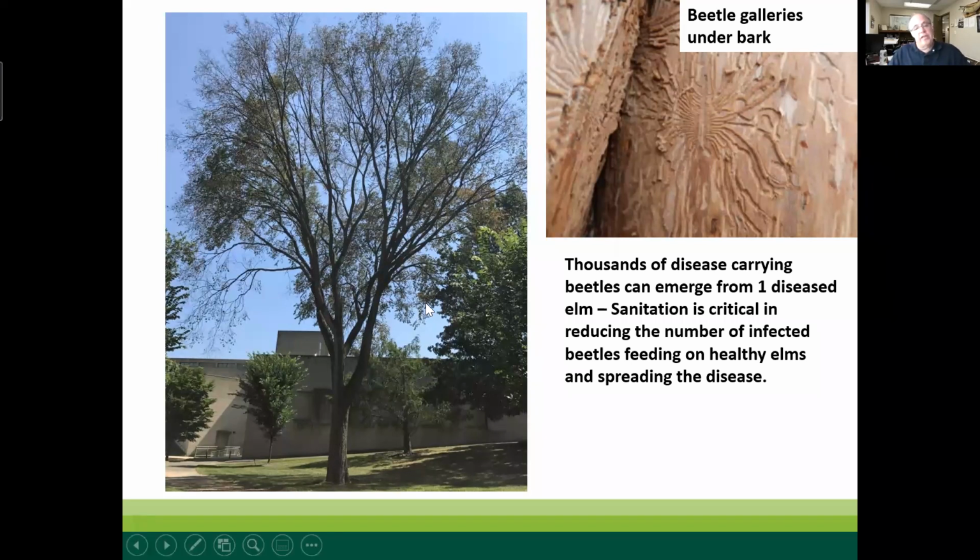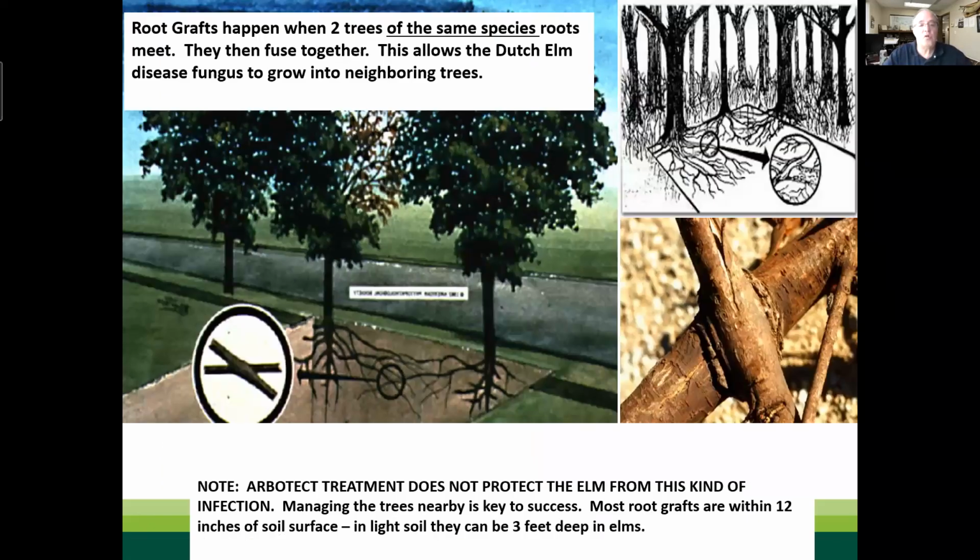The other way that Dutch elm disease spreads is through what's called root grafts. Now, root grafts form between trees of the same species. So you're not going to get an elm tree grafting to an oak tree. You only have elm trees grafting to elms. But more interestingly, if elms are significantly genetically different, they also do not graft together.